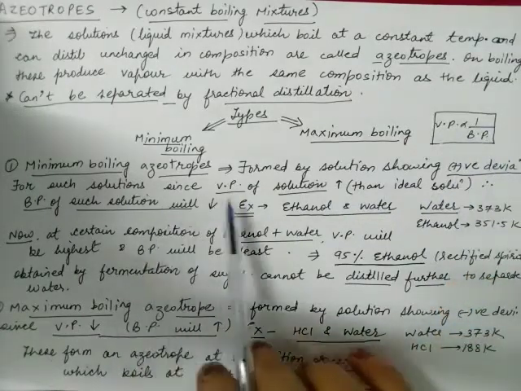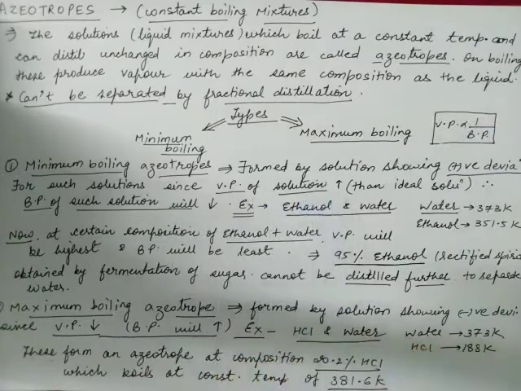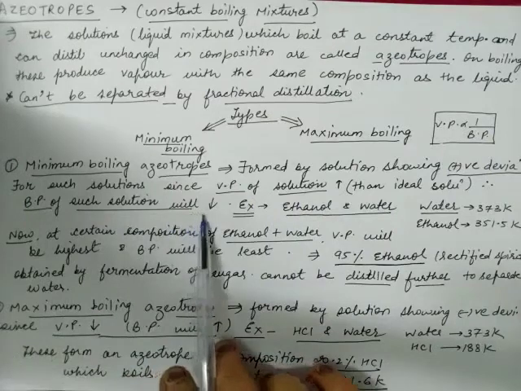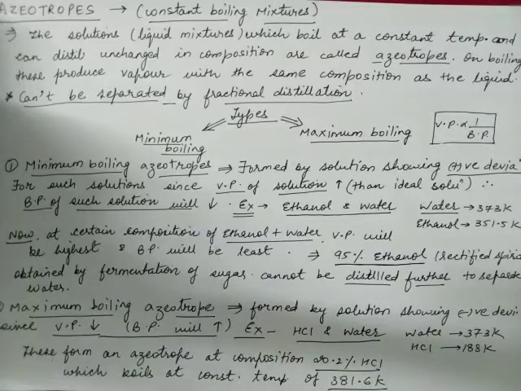So if the vapor pressure of solution is more than expected, what will happen? The boiling point of such solutions will decrease, and that's why such azeotropes are known as minimum boiling azeotrope, because such solutions have less boiling point than either of the two components.